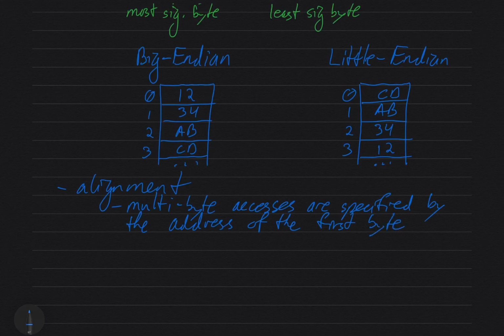So if you're reading a 4-byte value, as shown in these two diagrams here, you would use the address 0, and it'll give you bytes 1, 2, and 3 as well, if you're loading 4 bytes.